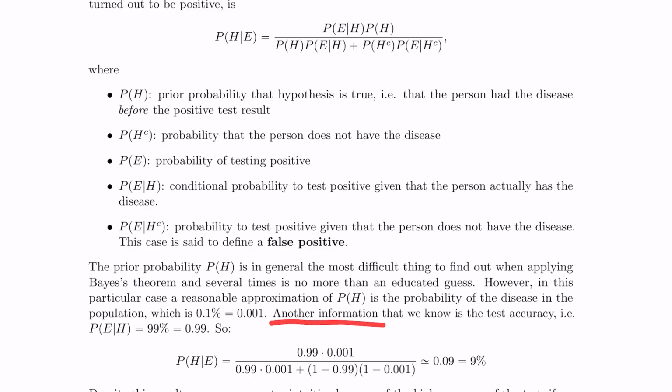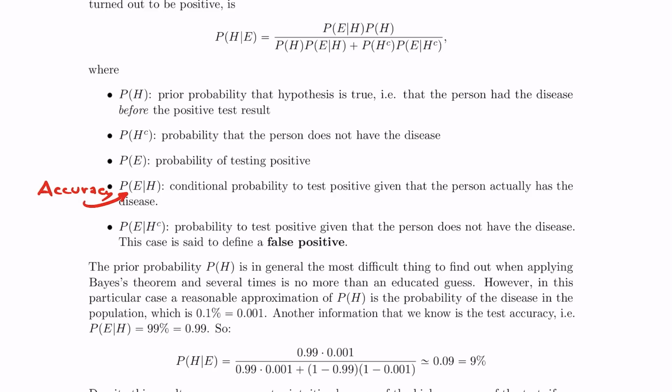Moreover, we have the information about the test accuracy, which is 99%, that is 0.99. In general, the accuracy is used to approximate this conditional probability here.